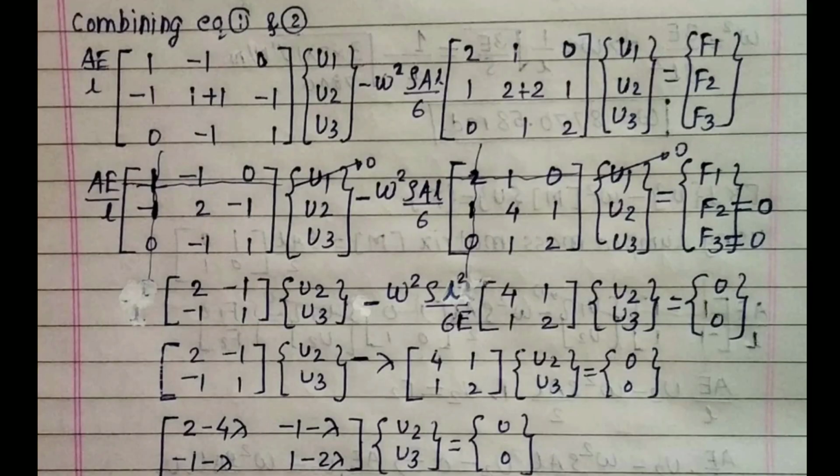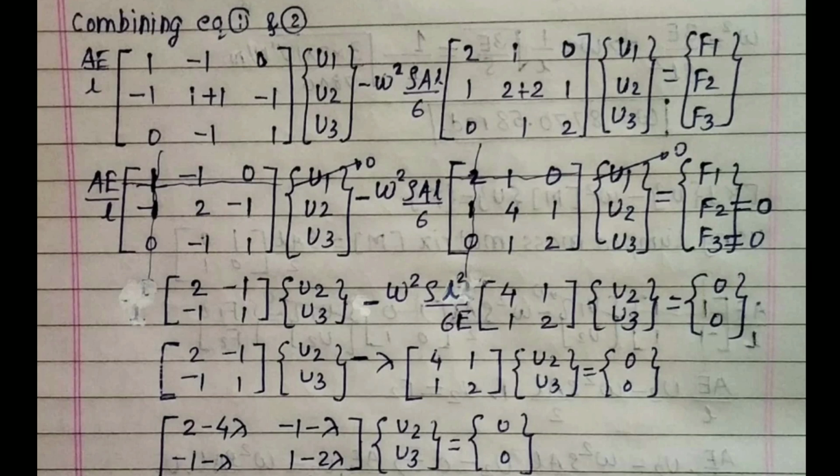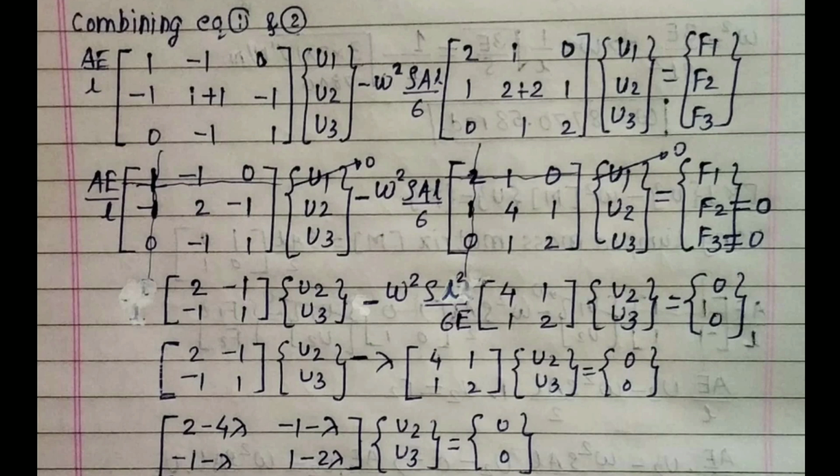On this equation I will impose a boundary condition, that is the structure is fixed at node 1, so U1 is 0. So the first row and first column of stiffness matrix K and mass matrix M will get cancelled. And no force is applied at node 2 and node 3, so it is 0.